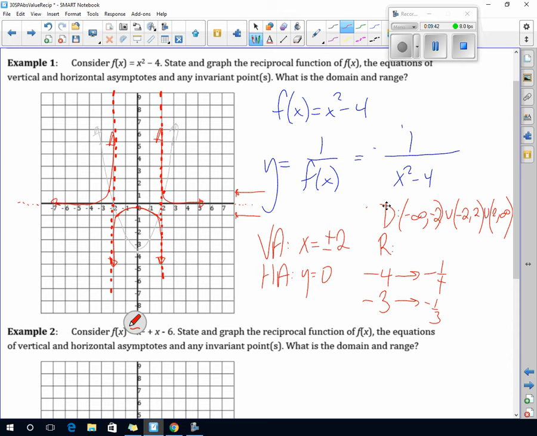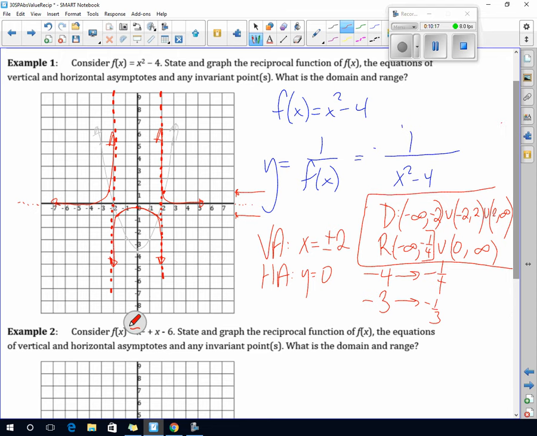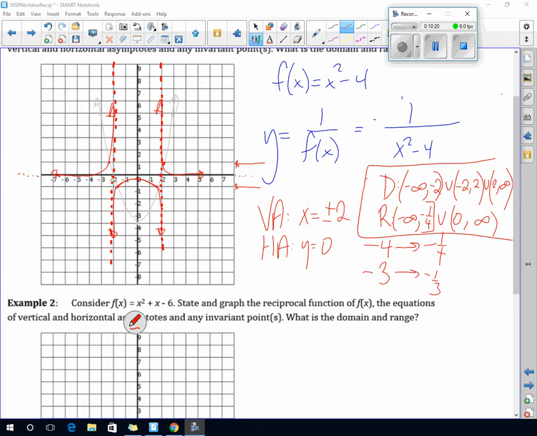Square brackets. Union. Then there's a jump. And where does it start off again? 0. Does it include 0? No, we never have a 0 there, right? So 0 to infinity. So this is huge right there. Right there, it is (0, -1/4), right? This point right here. Okay.